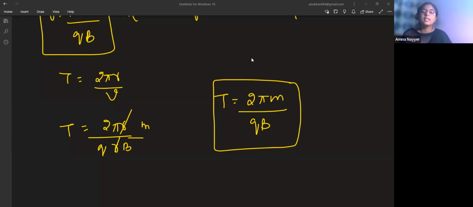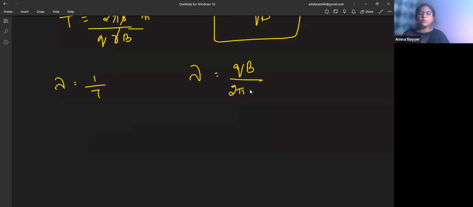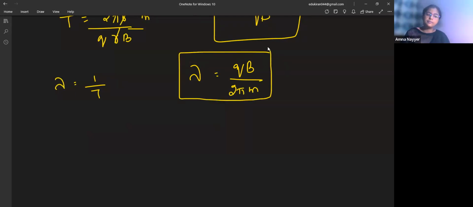Very good, Faiza. Time period is actually 1 by frequency. So if we know the formula of time period, frequency is 1 by time period. So frequency will be just the reciprocal of it, that is QB divided by 2 pi M. This is the formula of frequency.